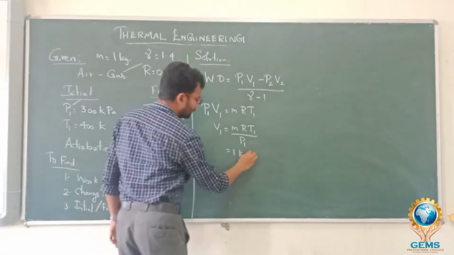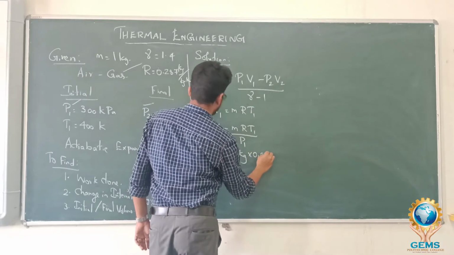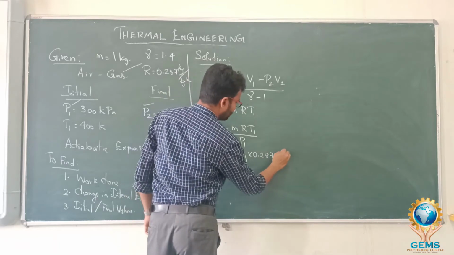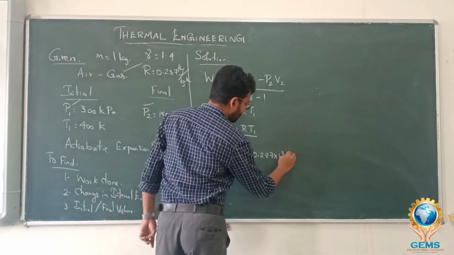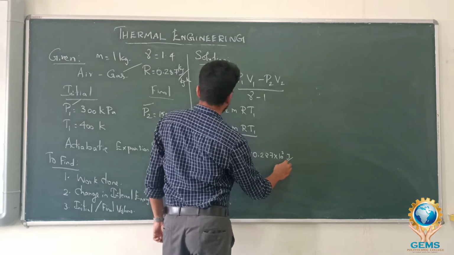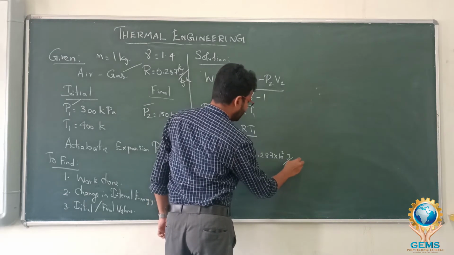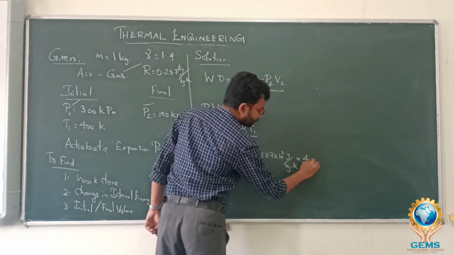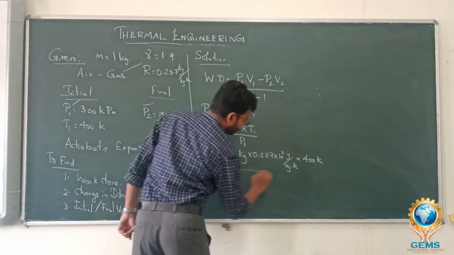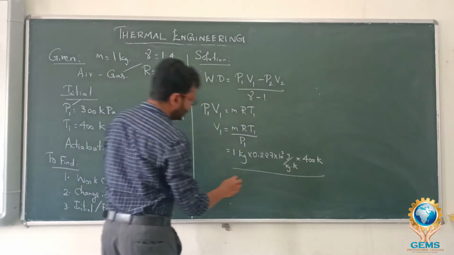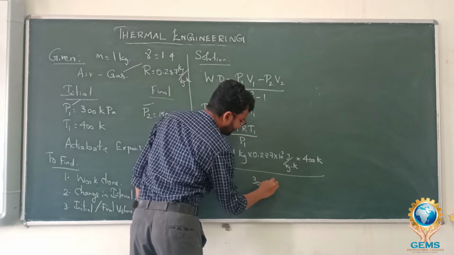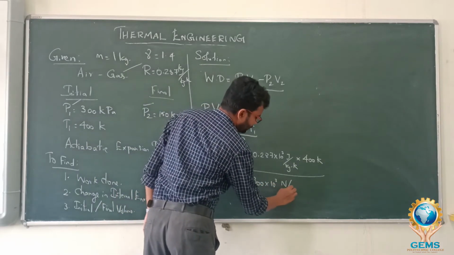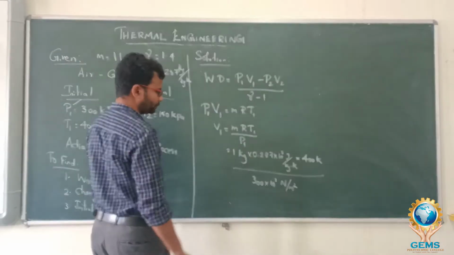So 1 kg into the R value 0.287 times 10 to the power 3, in joule per kg Kelvin, into the temperature 400 Kelvin, divided by the pressure 300 kilopascal, that is 300 into 10 to the power 3 Pascal, which is Newton per meter square.